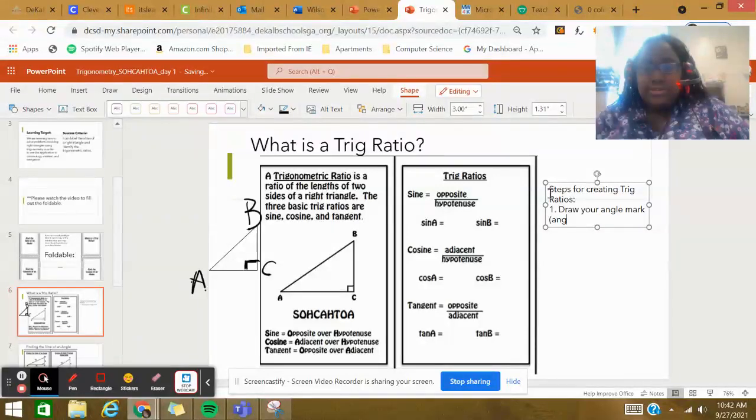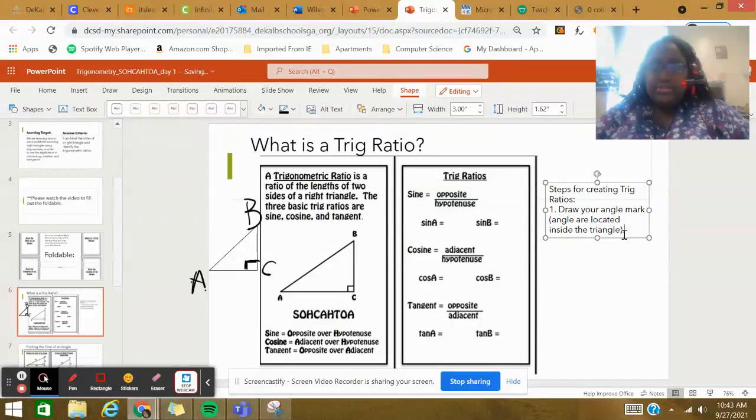And remember that the angles are inside the triangle. I probably should put located. Angles are located inside the triangle. That's step one.